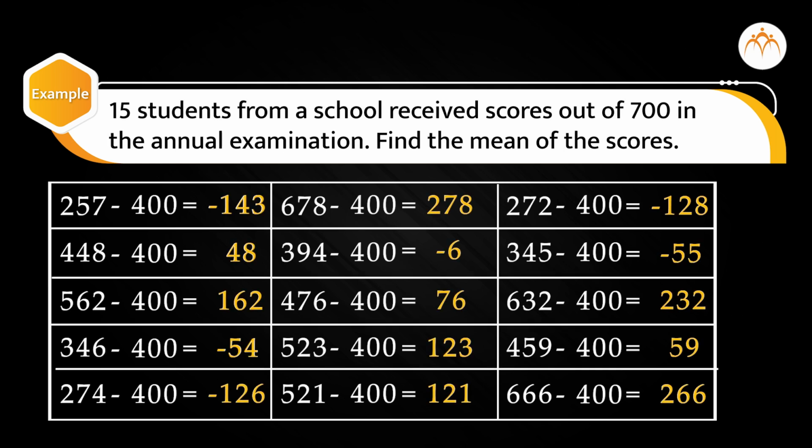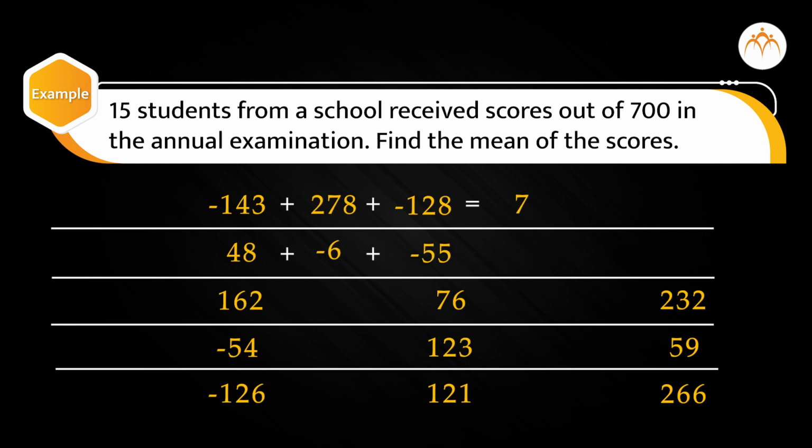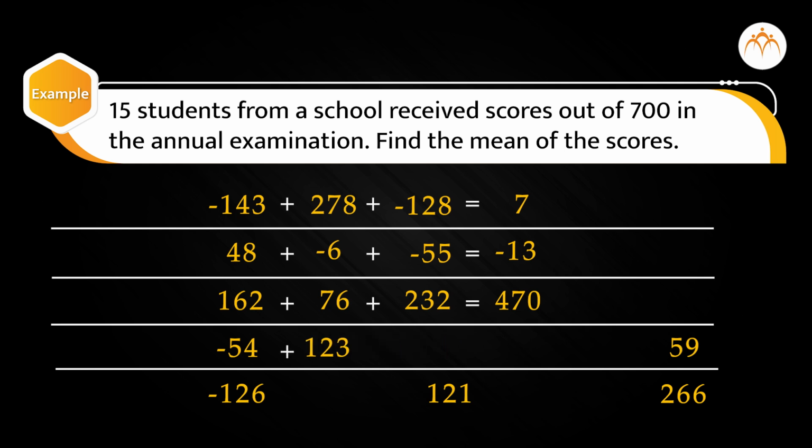Let's do an addition of values in the row. Minus 143 plus 278 minus 128 is equal to 7. 48 minus 6 minus 55 equal to minus 13. 162 plus 76 plus 232 is equal to 470. Minus 54 plus 123 plus 59 is equal to 128.